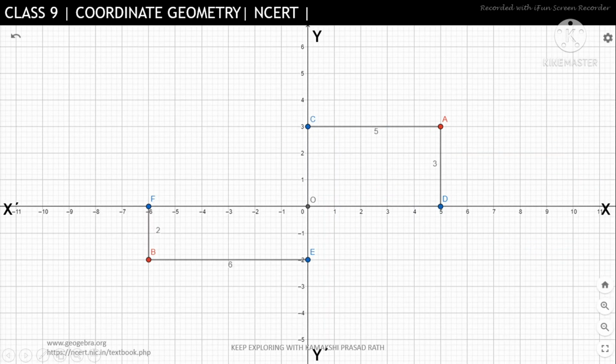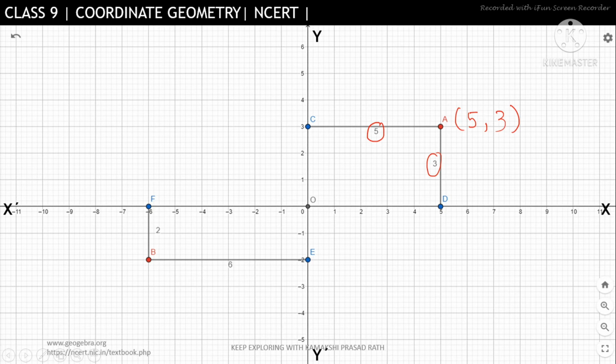Now we can see clearly AC is 5 units and AD is 3 units. That means we can write the position of A as 5, 3. So 5 is the distance of A from the y-axis and 3 is the distance of A from the x-axis. So first we find the distance from y, then from x.